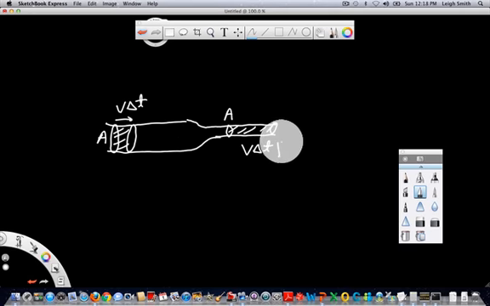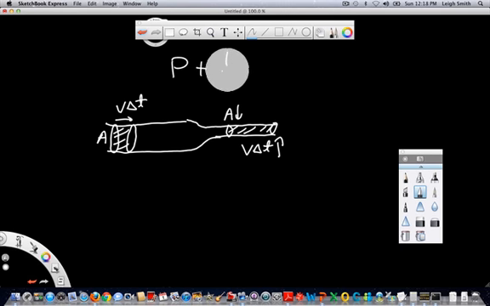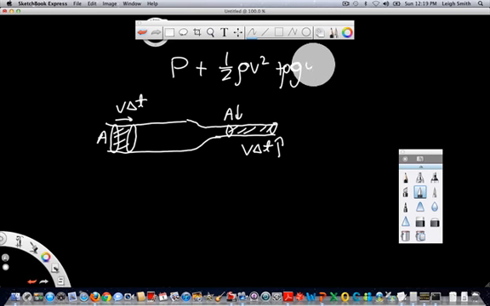So the velocity goes up as the cross-sectional area goes down. And what that means is the kinetic energy increases. And so again, Bernoulli's equation says that rho v squared plus rho g y is equal to a constant. For this case, we can assume the height term doesn't change.